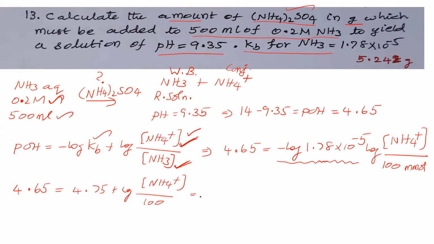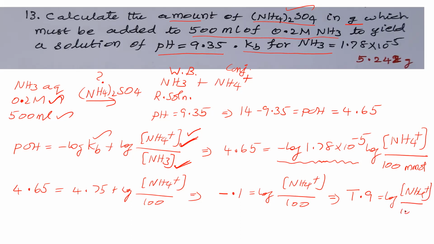Next step, take 4.75 to that side and you get minus 0.1 equal to log of ammonium ion by 100. Now minus 0.1 we can write as 1 bar 0.9, equal to log of ammonium ion by 100 millimoles.